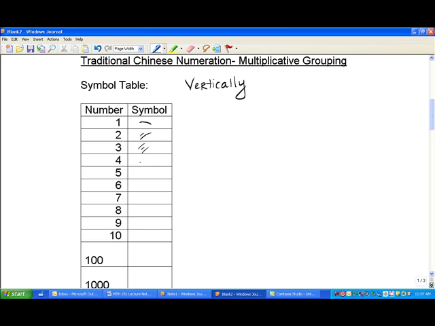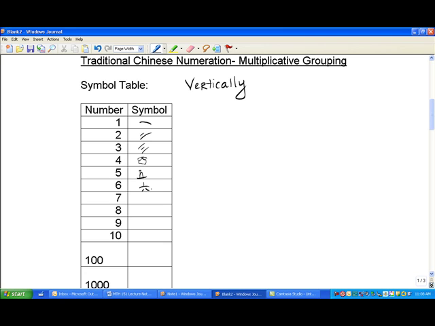Then you get to 4. I have had students tell me this looks like curtains on a window or a face with no features. You've got the hair but no features. Number 5 looks somewhat like a rocking chair. Okay, 6.